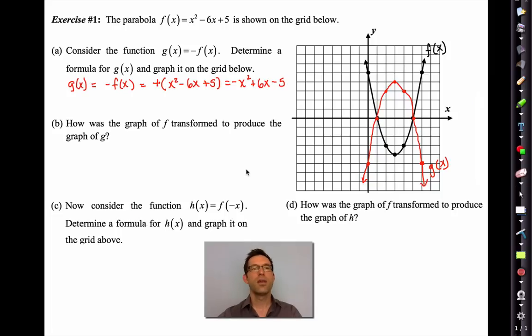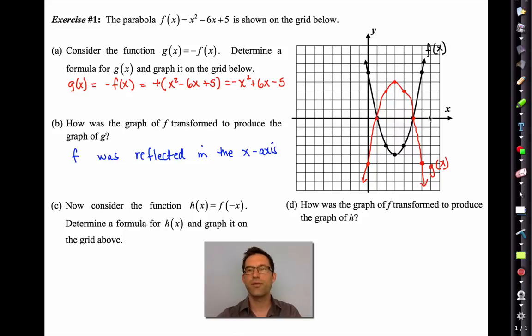Now, letter B says, how is the graph of f, the original one, transformed to produce the graph of g? Well, how would you describe that? Pause the video now if you need to. All right. f was reflected in the x-axis, right?